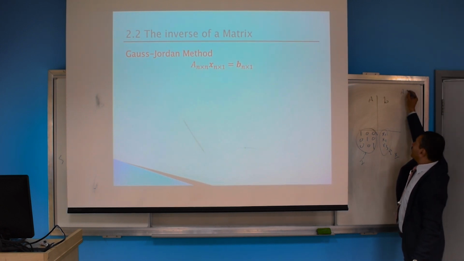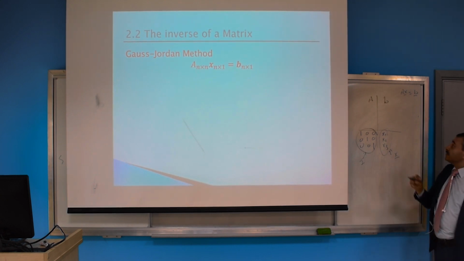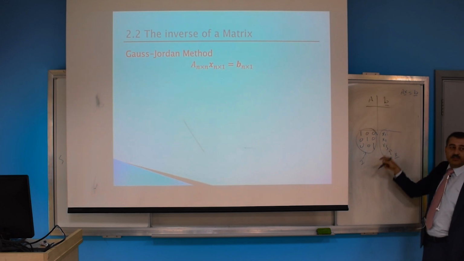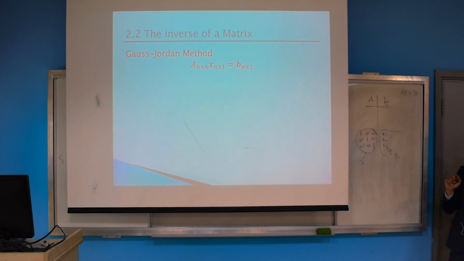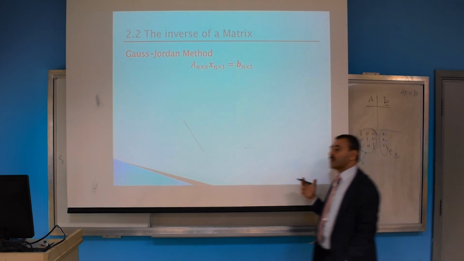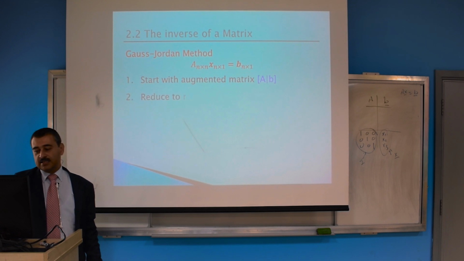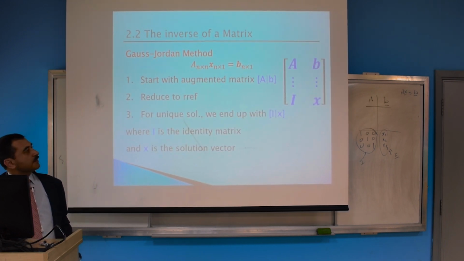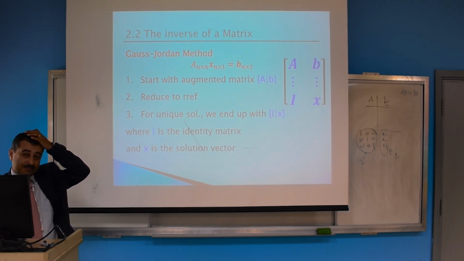So if you want to solve Ax equal b using Gauss-Jordan, I start with A augmented with b, do the reduction until you reach I and the solution vector x. So can we benefit from this to get the inverse of the matrix?